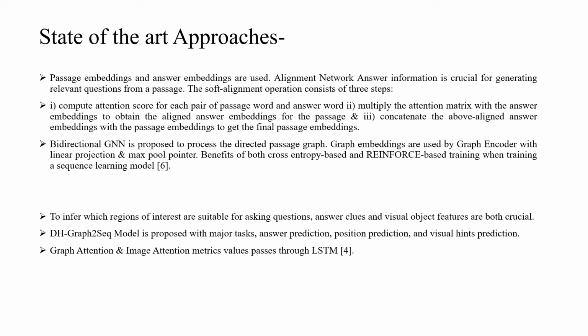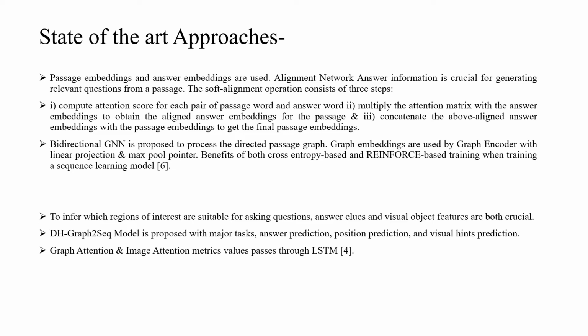Next concept is to generate questions visually. Visual question generation. This can occur with the help of the double hint network. The double hint is one, answer awareness, and second, the visual hint prediction.